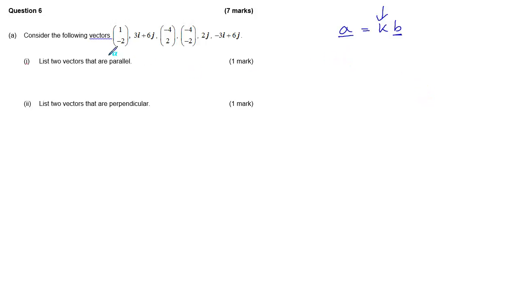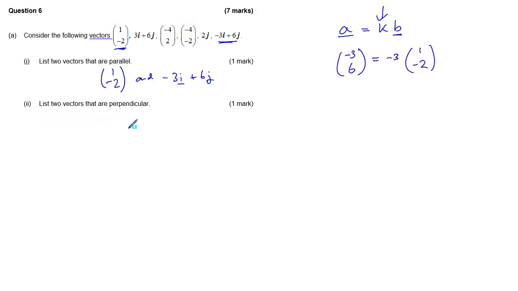So if I look through these, I can see that -3, 6, which is this vector here, is equal to -3 multiplied by 1, -2, which is this vector here. So we have 1, -2 and -3i plus 6j.